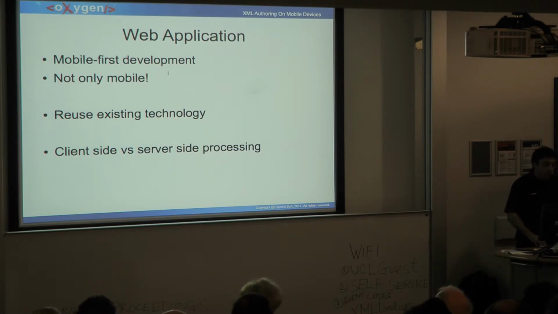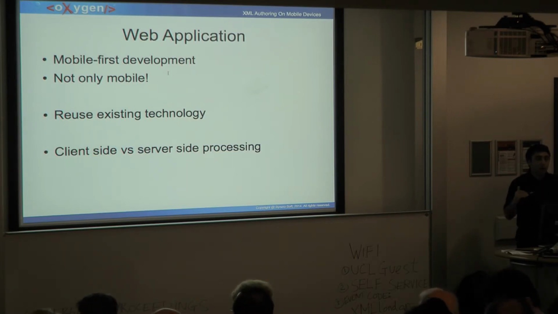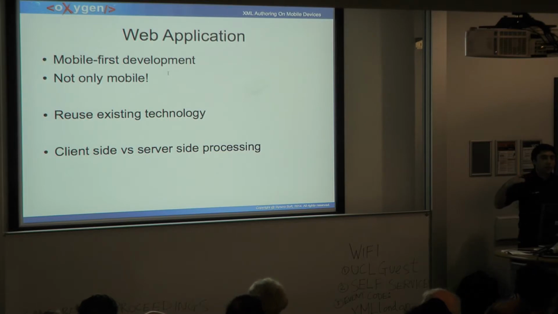Another problem that we faced was that we didn't want to reinvent everything. If you start from scratch on a completely new framework in JavaScript, for instance, you are missing technologies that are already available, an entire technology stack that is already available in Java, which is what we use now, and some parts that were already built by us for Oxygen.